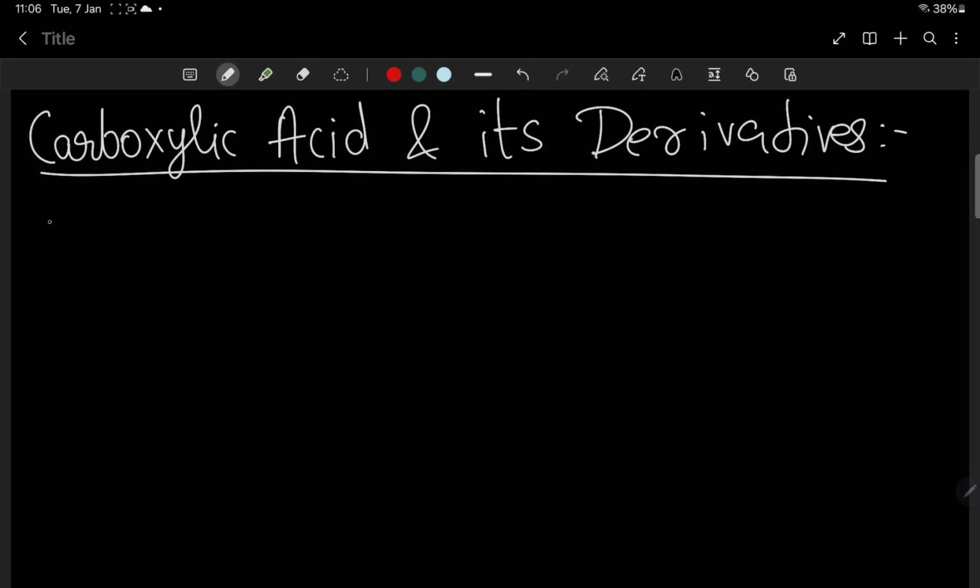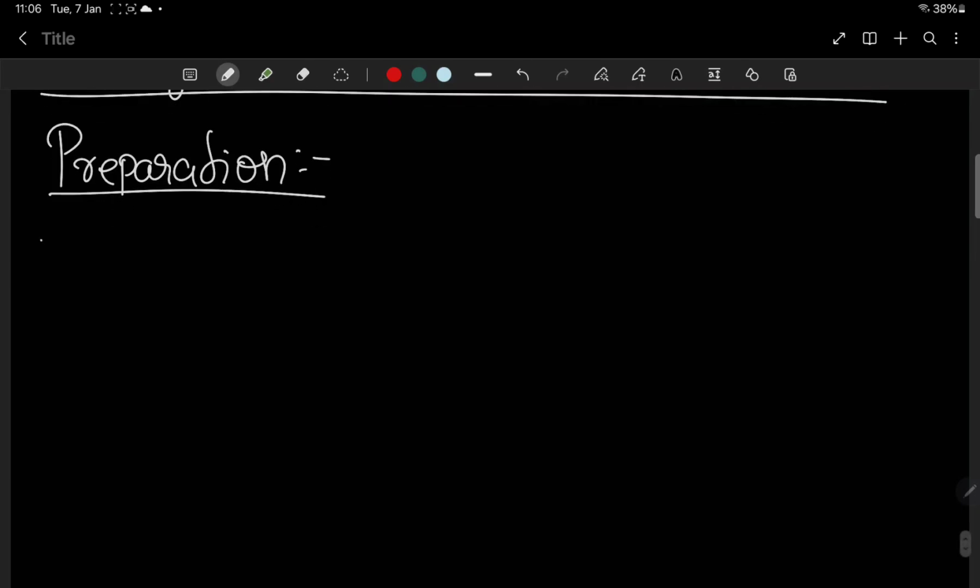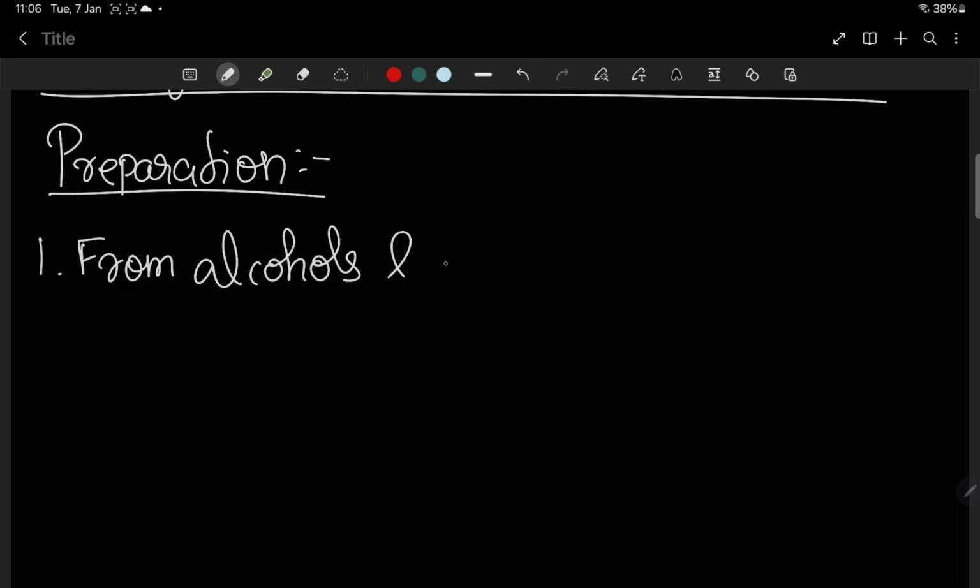Okay, first of all, preparation. We'll go fast because it's very simple. Every reaction we have once seen somewhere or the other. First is from alcohols and aldehydes. You know that if we oxidize alcohols and aldehydes, we get the corresponding carboxylic acid.